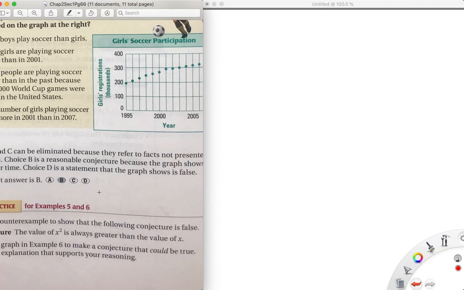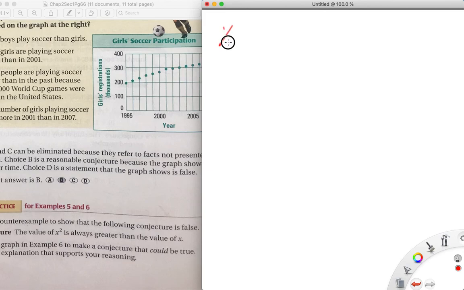Can we find a scenario when that's not the case? So this says x squared will always be greater than x. Can I think of a number where that's not the case? The number that pops in my brain is 0. So if I square 0, I'm basically doing 0 times 0, so 0 wouldn't be greater than 0. 0 is equal to 0.